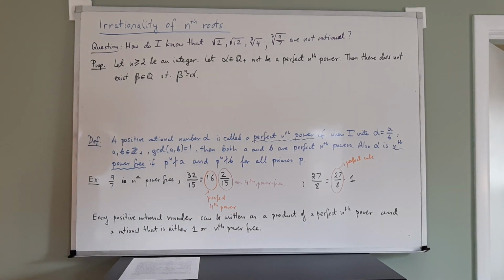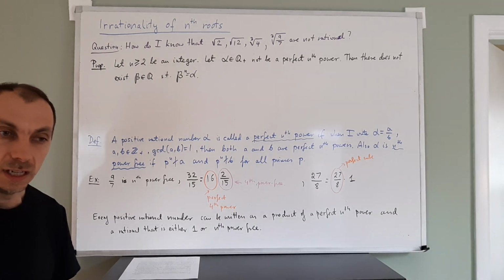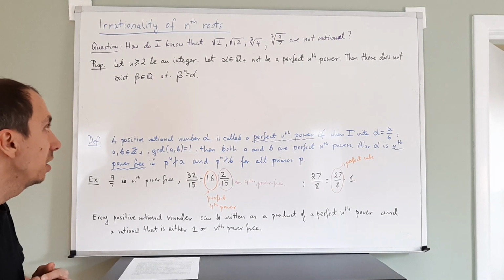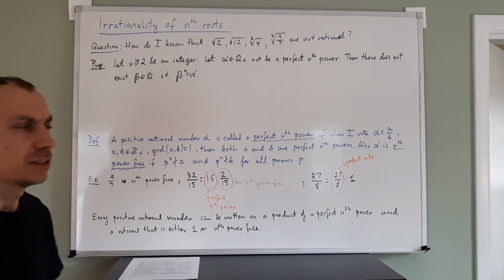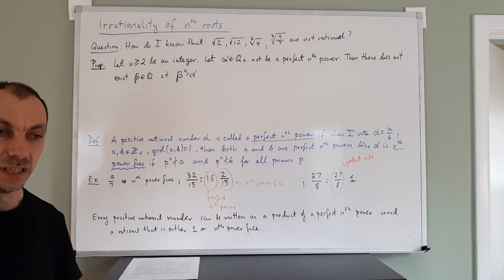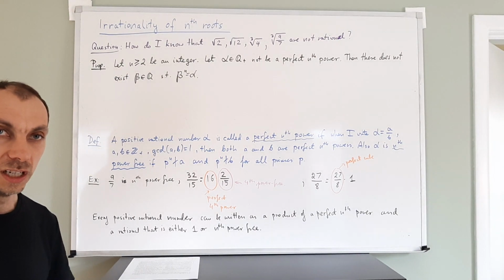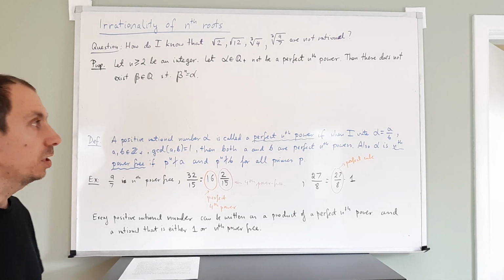In other words, one thing to keep in mind is that real analysis or calculus tells us that if I have a positive real number, then its nth root is also a positive real number. So there always exists an nth root inside the real numbers.